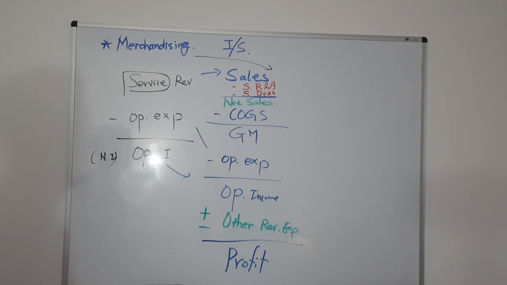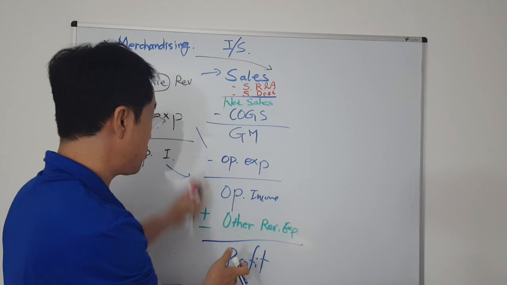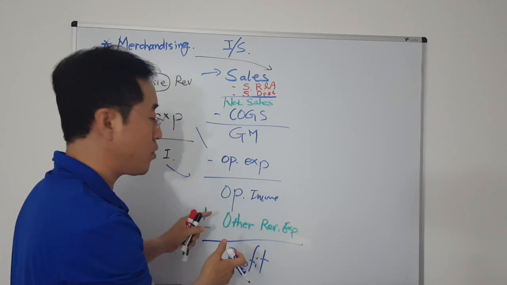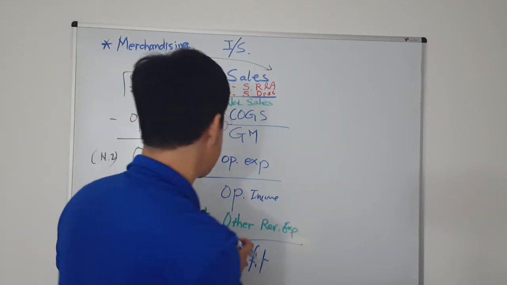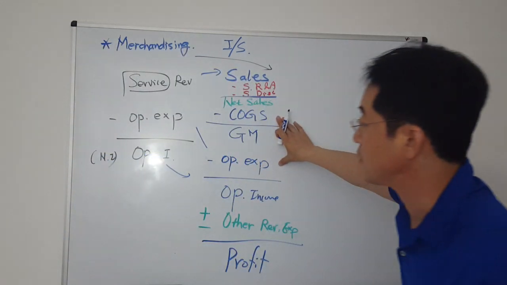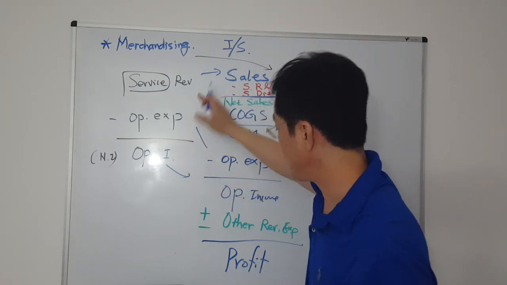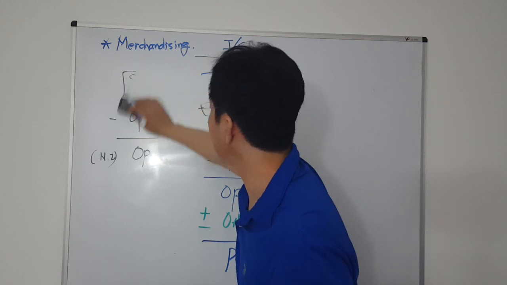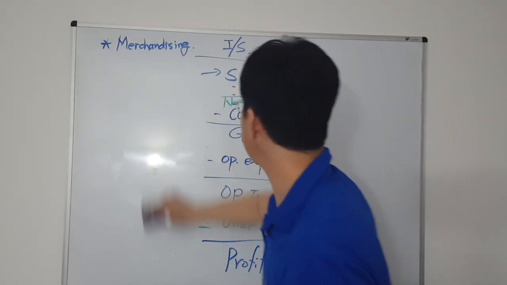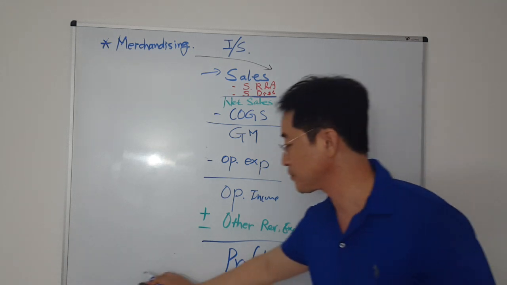See? Because we have more accounts on the merchandise industry, we have a little bit more complicated version of income statement. We have two expenses, right? This format of income statement we call multi-step income statement.